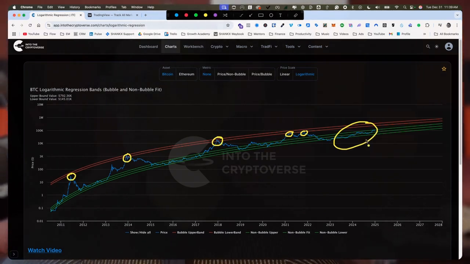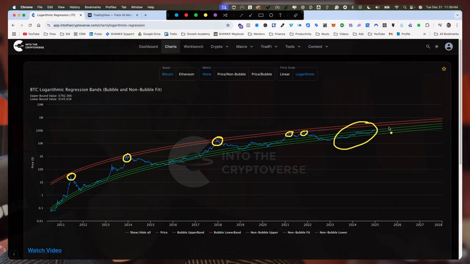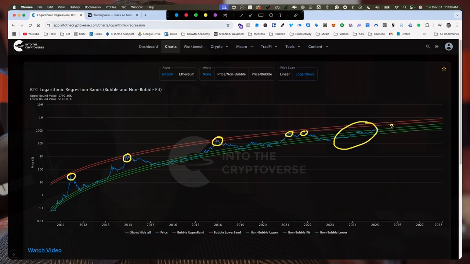So if we can use the past to predict the future, then the end of the bull run will occur sometime when this blue line touches the upper band. Now that is exciting because that means, let me zoom in again.